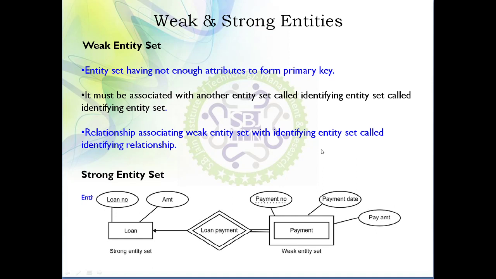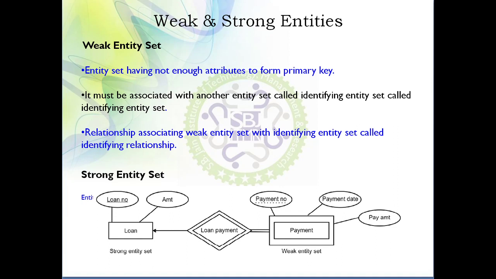Maybe you don't know what a primary key is. A primary key is such an attribute in any table which helps us to uniquely identify every record of the table. I will give a simple example. Suppose in a particular class I need to identify all the students uniquely. What attribute should I use? Can I use name?